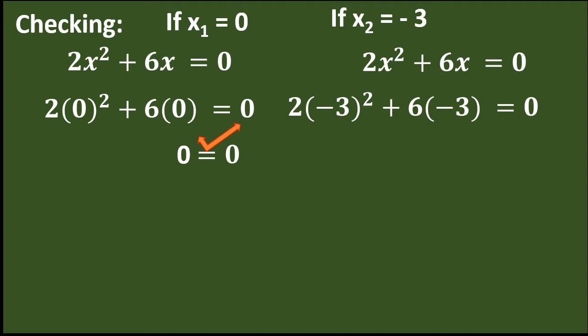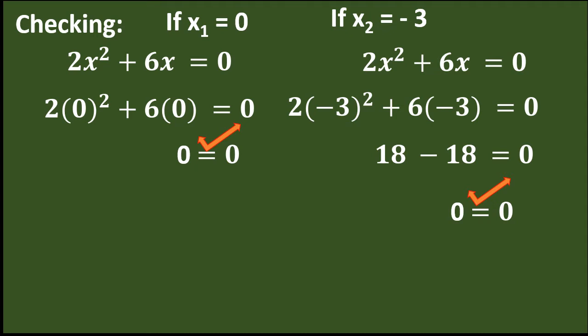So we have negative 3 times negative 3, we'll have 9. 9 times 2 is 18. So this part will become 18. What about 6 times negative 3, that will become negative 18. So 18 minus 18 is equal to 0. 0 equals 0. So they are equal, meaning we are going to accept negative 3.